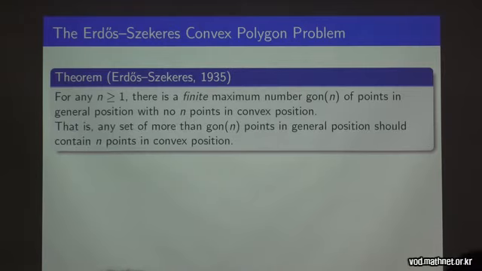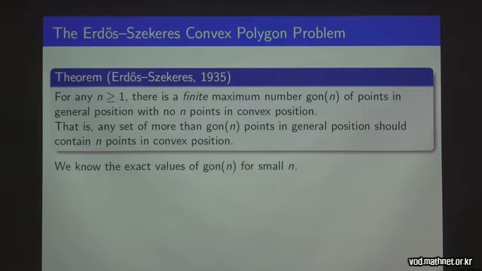So if you have at least one more than that finite number, gon of n, then you are always forced to get an n-gon. That's how the general Ramsey-type statement works.